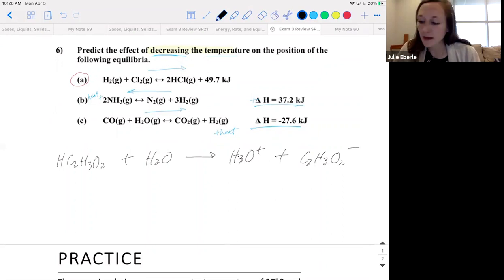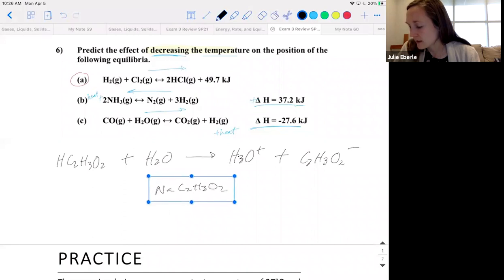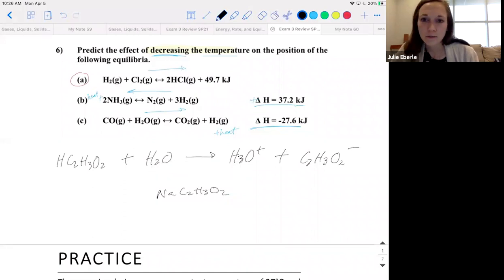So you added sodium acetate, which is this. That's what you added to your test tube. Now this is aqueous. If you remember solubility rules, anything that has sodium in it is going to dissociate, it's going to be soluble. So it breaks up into these ions. That's what aqueous means. It dissolves into its ions.